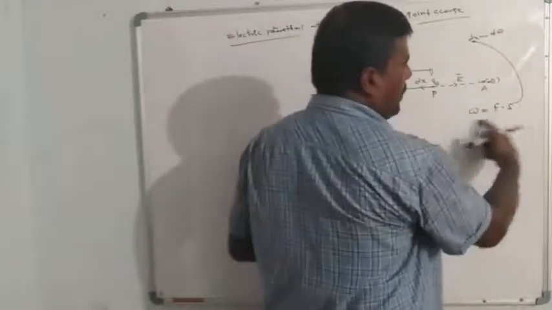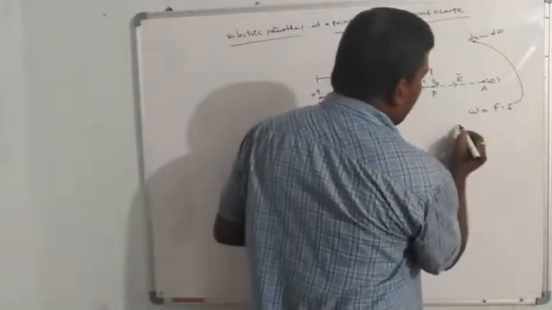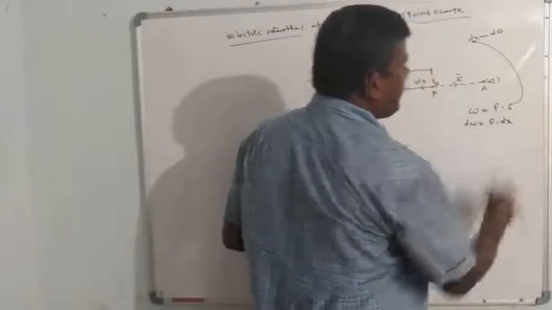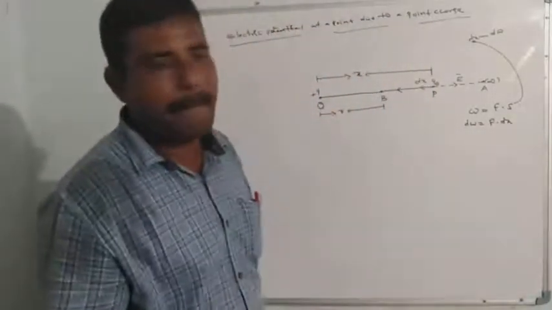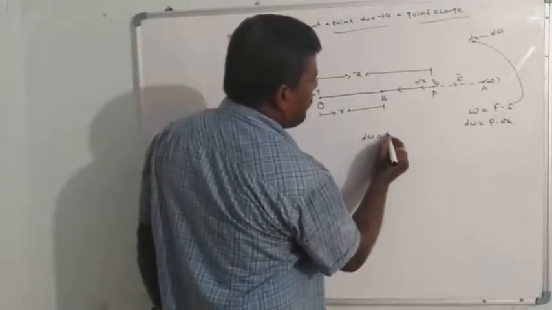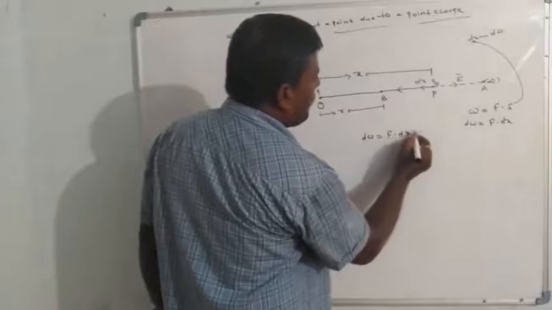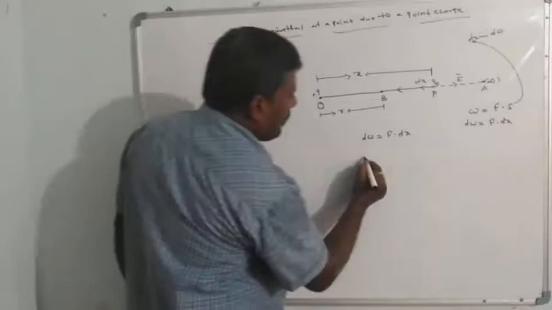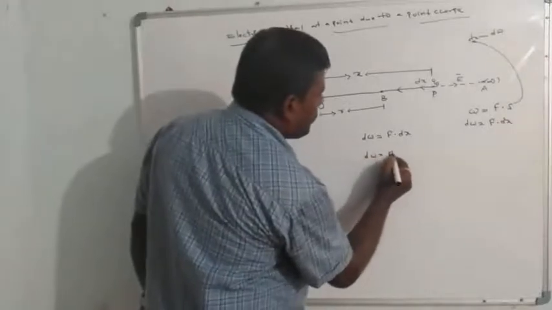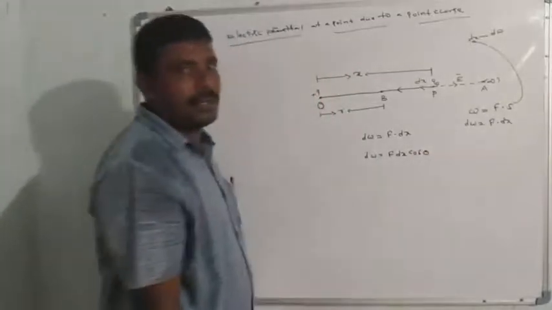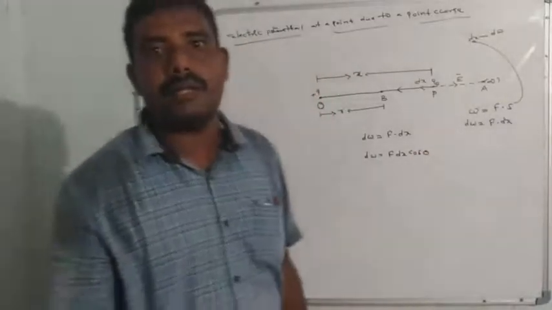So by the statement of work, dw equals F dot dx. That one is right. dw equals F dot dx, which is F dx cos theta, because a dot b equals ab cos theta.